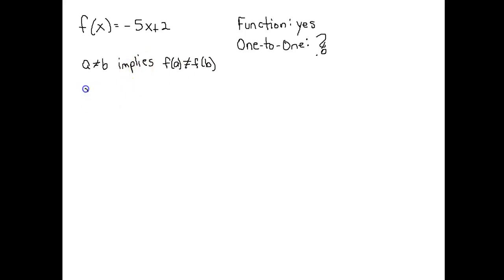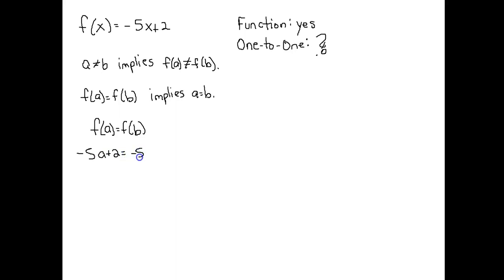So we can take the contrapositive and say, well, f of a equals f of b implies a equals b. And we can use that contrapositive to help us to determine if this is one-to-one or not. So f of a equals f of b. Start with that. You've got negative 5a plus 2 equals negative 5b plus 2.